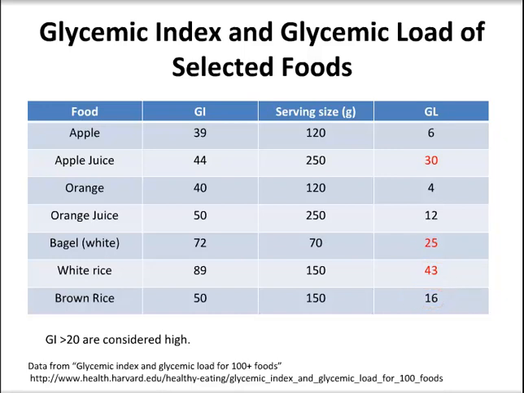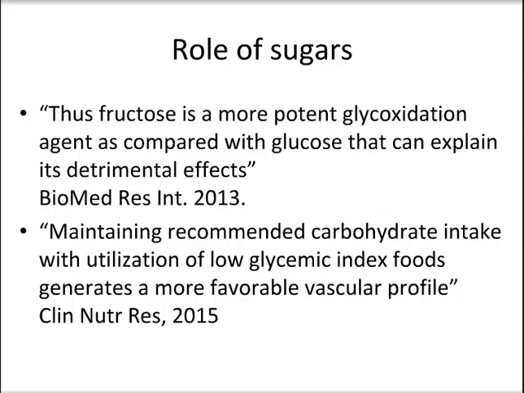Well, if that's a little confusing, let's try this as a summary. We can think of sugars as having adverse health effects on a sliding scale, with the worst actors being those that quickly release fructose and glucose into the bloodstream, and somewhat better situations when you have fructose and glucose released slowly into the bloodstream.